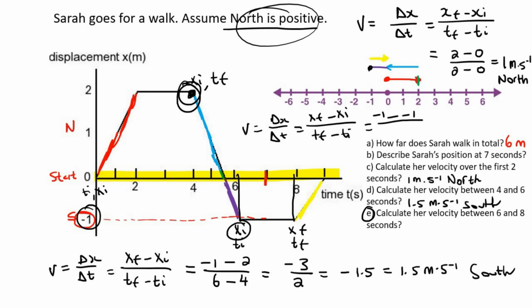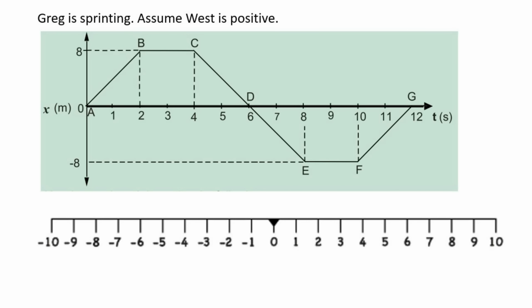And then your time is going to be 8 minus 6. And so the top part here is going to end up becoming 0. So we're going to get 0 over 2, which is 0 meters per second. And so Sarah is not moving, and that's why her velocity is 0 meters per second. Okay, let me just put that properly. M per S. We've got 2 more examples.